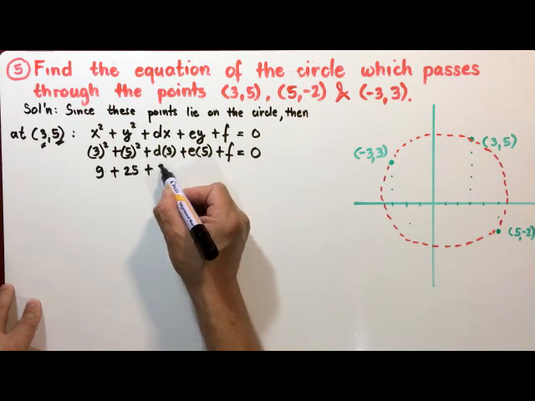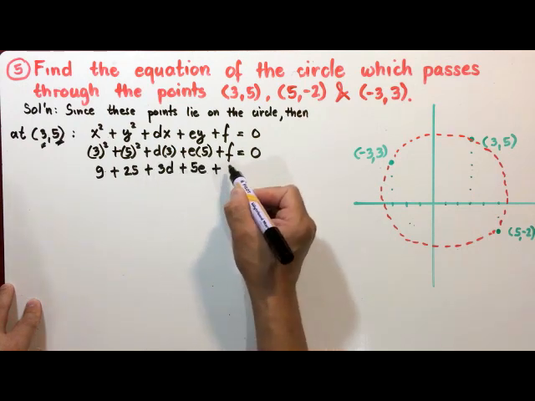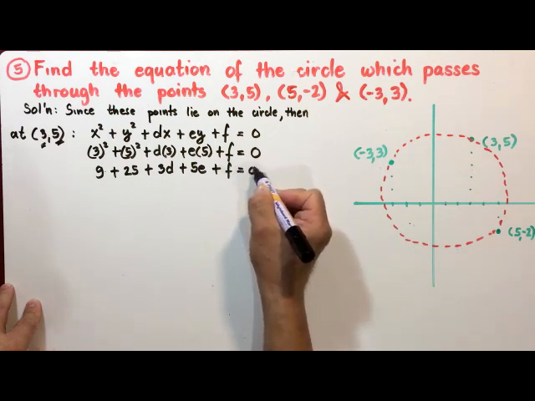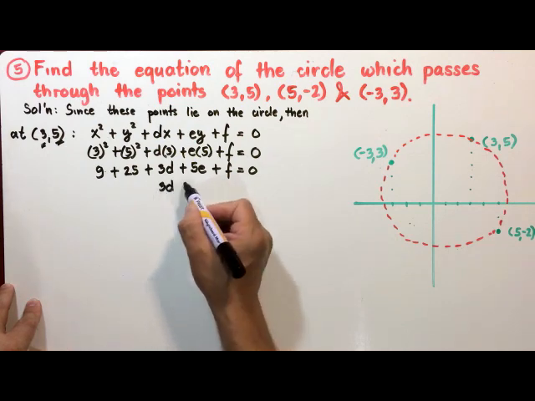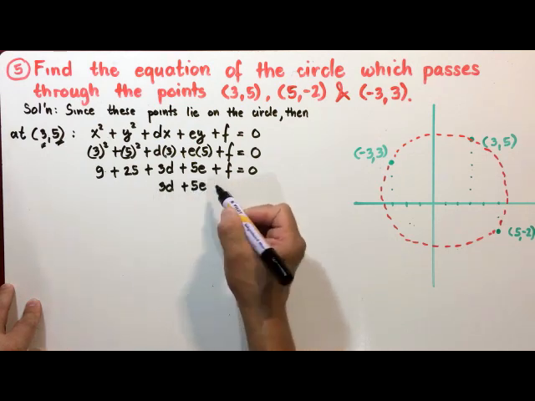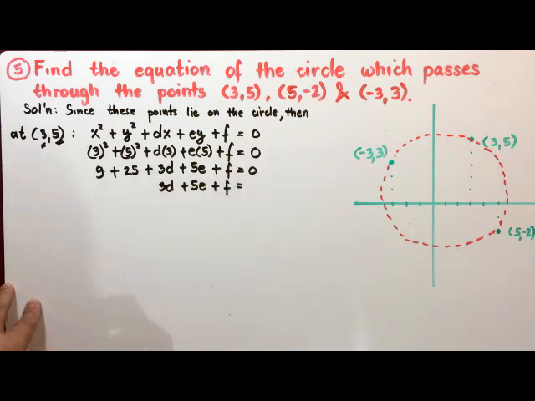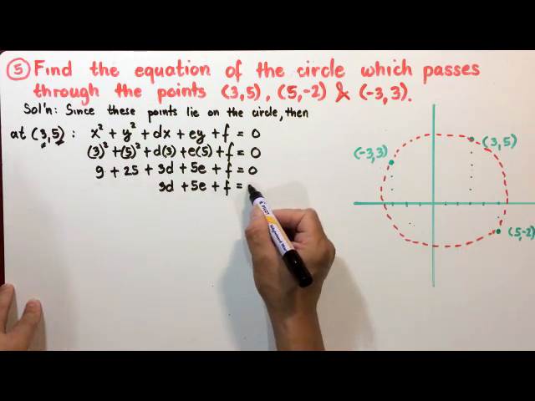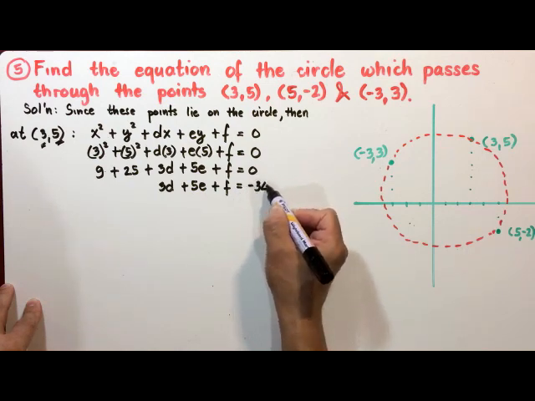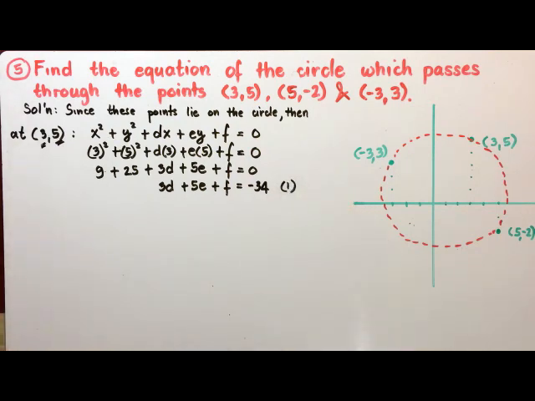So this is plus 3d plus 5e plus f is equal to 0. Applying simple arithmetic, I can combine 9 plus 25, which is 34, and if I subtract both sides by 34, 34 cancels on the left, and I have to subtract 34 on the right. So this is my equation 1.